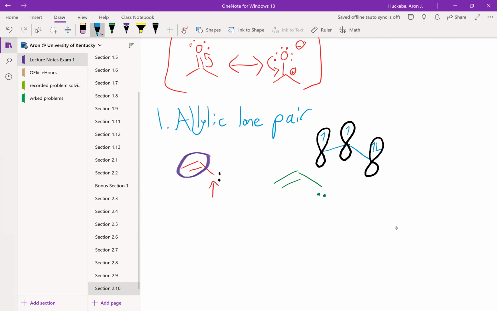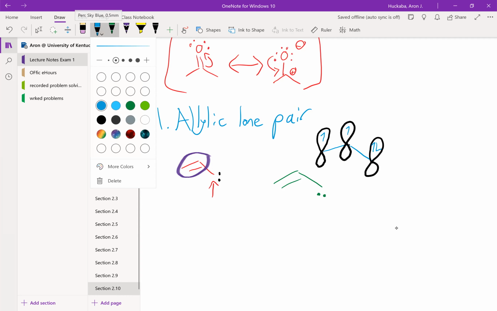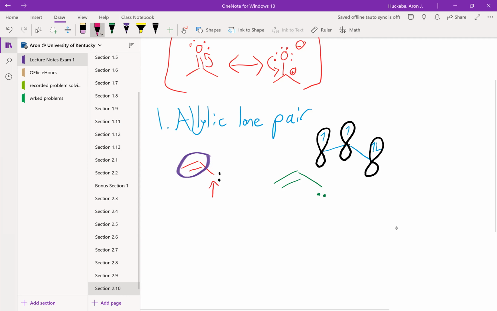Because it's a lone pair. Okay, so what can happen is that this lone pair of electrons can switch where the double bond is and cause this lone pair to end up on the other carbon.